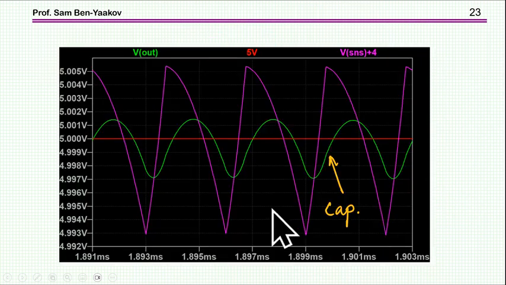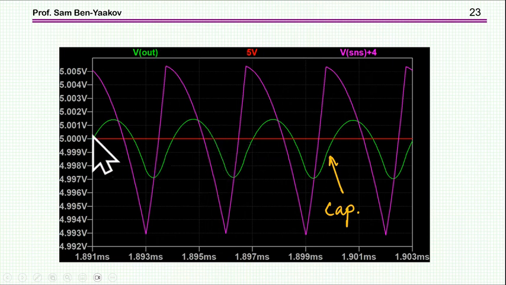And here it is. Just to compare the two ripples, I have shifted the ripple of the sense point, which is at 1 volt. I have shifted it by 4, so it'll be at about the same level here. And we see here, this is the ripple injected actually. Okay, this is the injected ripple, while the green one is the ripple on the 100 microfarad capacitor.